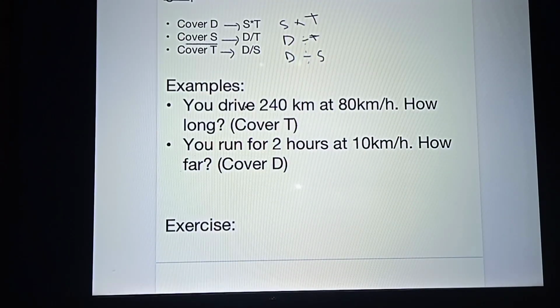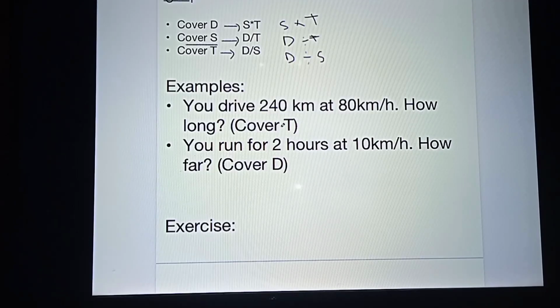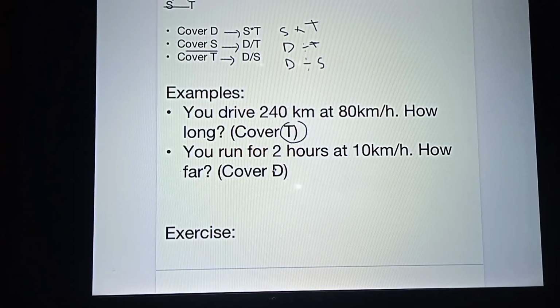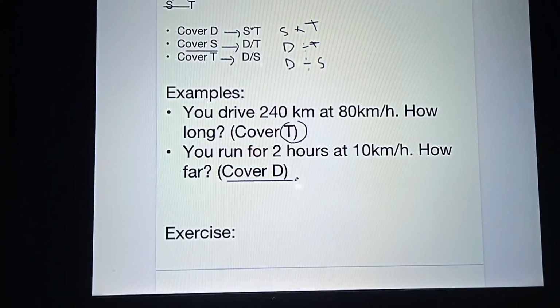Here are examples. You drive 40 kilometer at 80 kilometer per hour. How long? So you need to find t. Another example: you run for 2 hours at 10 kilometer per hour. How far do you go? So you need to find the distance covered here.